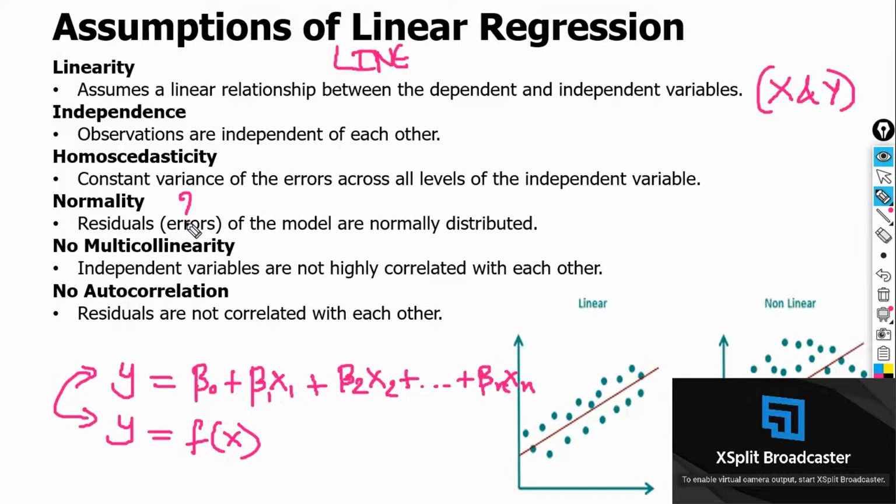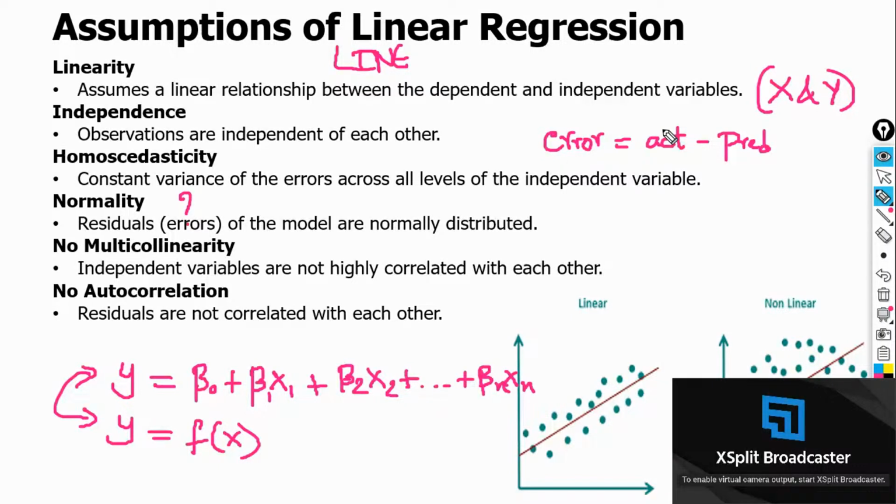Probably, for the time being, you try to understand, but still, if you don't know about this particular topic, we'll go back and revise. So errors represent, in general, actual value minus predicted value.